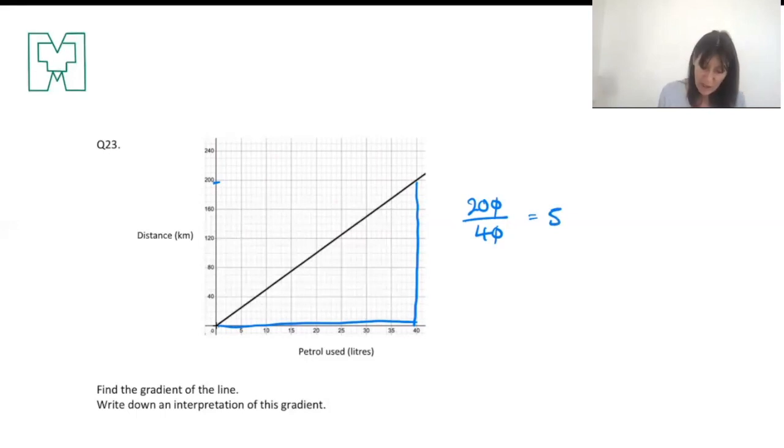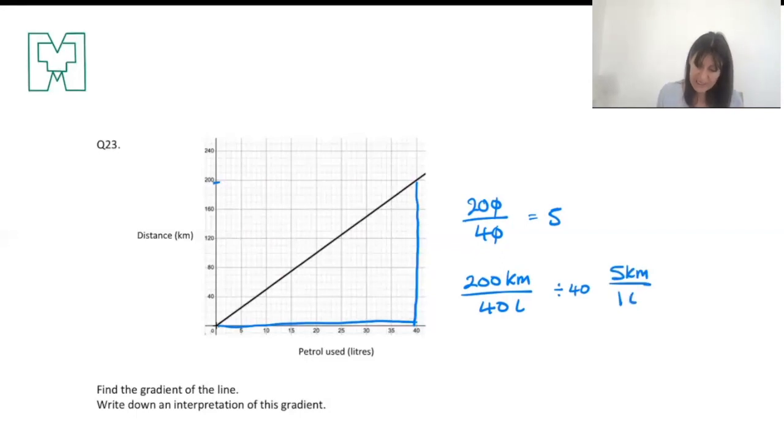Okay, so we can go back to what we were doing here, but we can add on the units just to try and help us make sense of it. So 200 kilometers over 40 liters. When you divide through by that 40, you got 5 kilometers over 1 liter.